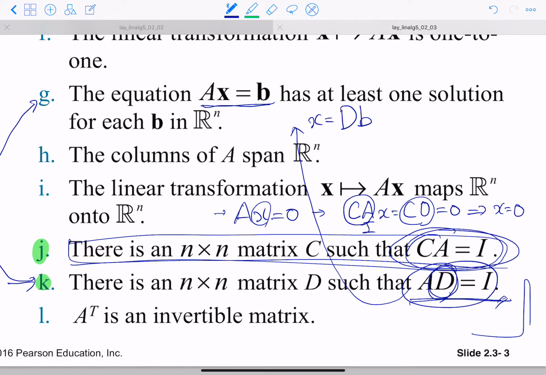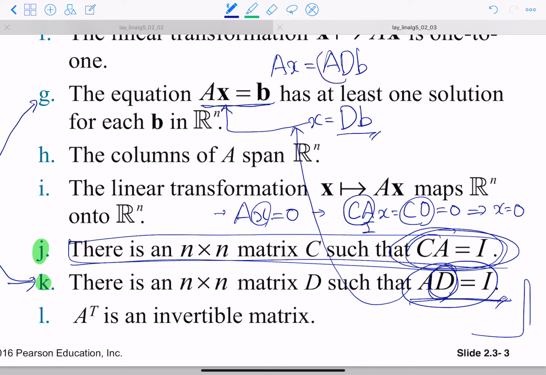And then we considered a particular representation of dB. This is a kind of smart choice, and then let's plug this X into AX. It will be equal to ADB, right?